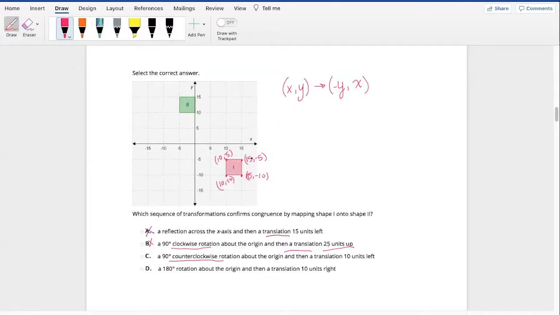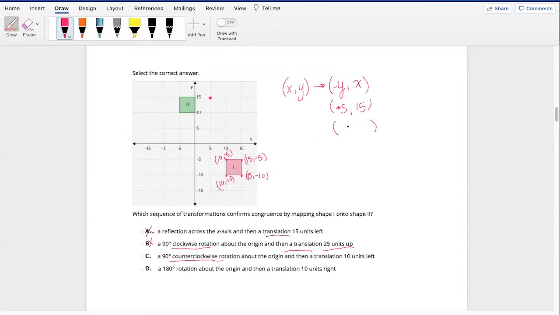So like this first point, 15, -5, x and y will switch. However, this y becomes the opposite, so it actually comes +5. +5, 15 would end up here.